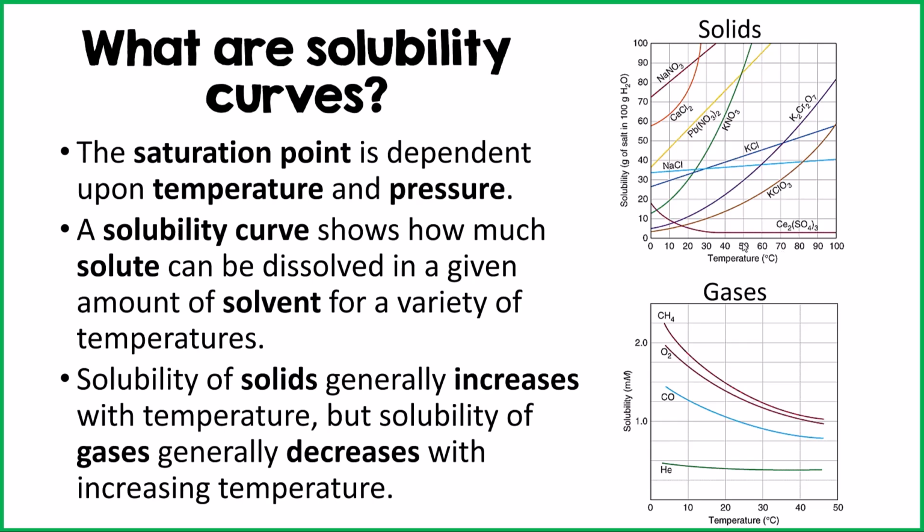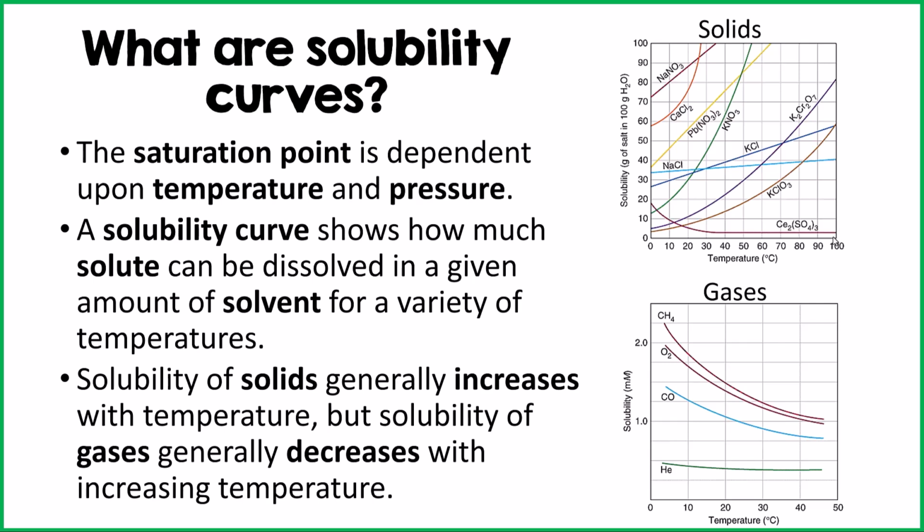So you can see that if we look at sodium chloride here, as the temperature of the solution or solvent increases, the amount of sodium chloride that can be dissolved, or the saturation point of that solution, is increasing with increasing temperature.